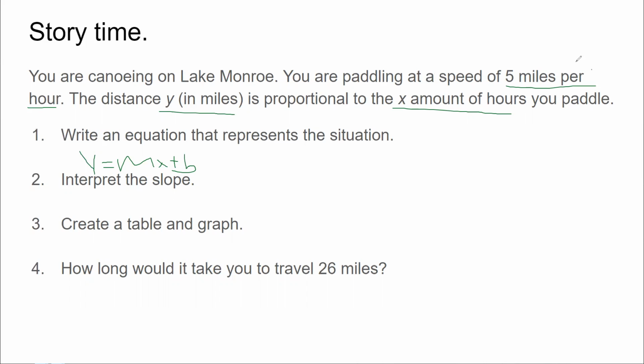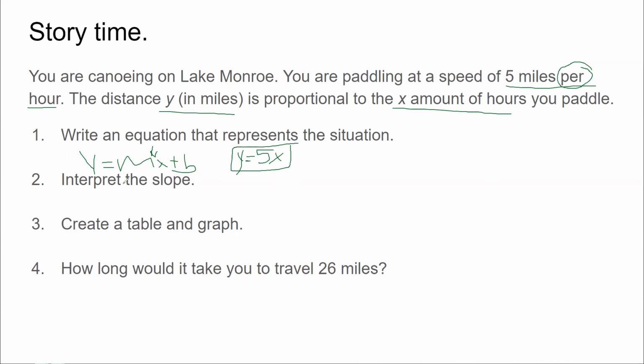Well, since it says the word per means multiplication. The only multiplication I see is right here. So that means that I have y equals 5x. Now there's not a b that I see because we aren't starting at a certain miles per hour or something weird like that that would cause us to add the b. So this is going to be our final answer.